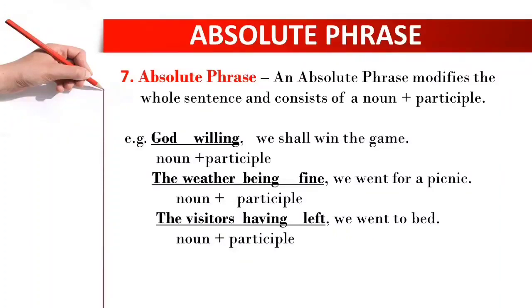Here, the weather being fine is the absolute phrase which consists of the noun weather and the participle being. The visitors having left, we went to bed. Here, the visitors having left is the absolute phrase which consists of the noun visitors and the perfect participle having left.